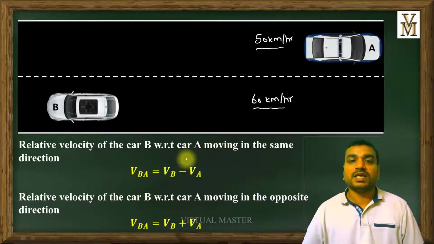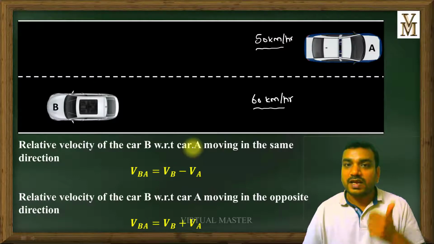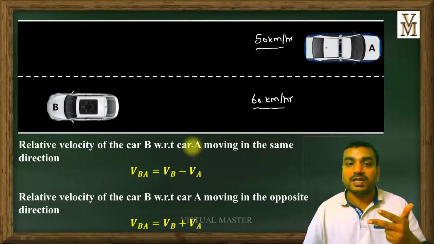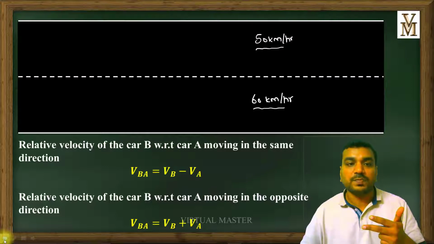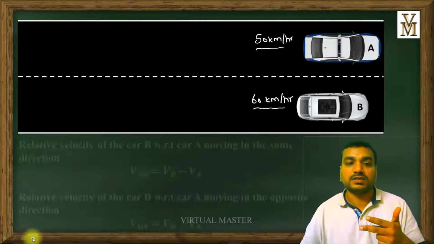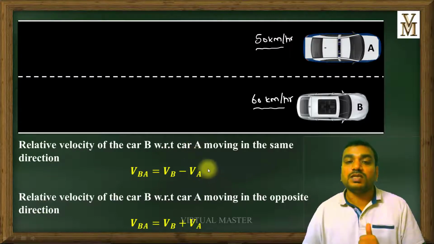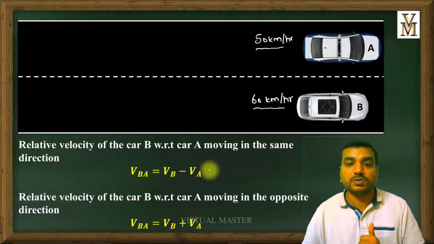In our case, in the first case, both the cars, car A and car B, are moving in the same direction, isn't it? Here is the first case where the cars were moving in the same direction. Now in this case the relative velocity of car B with respect to car A will be equal to Vb minus Va.